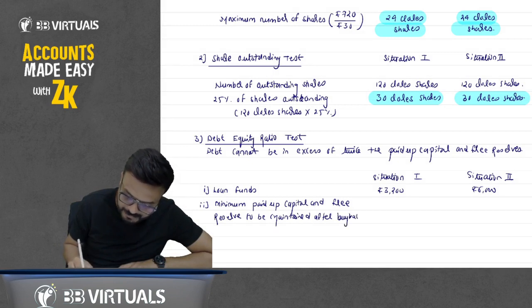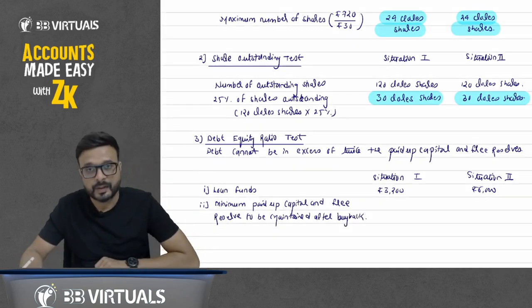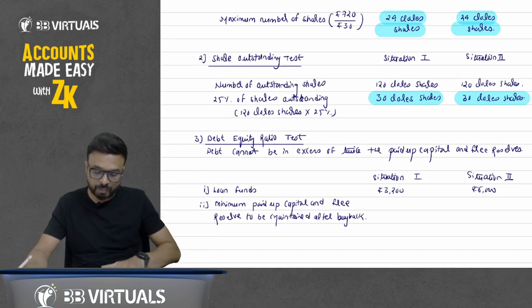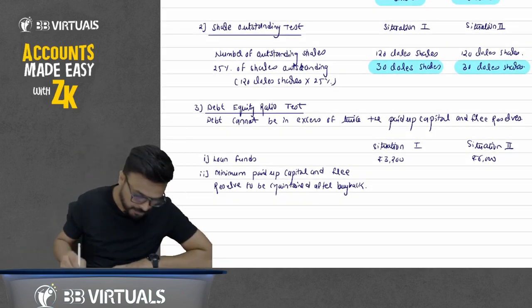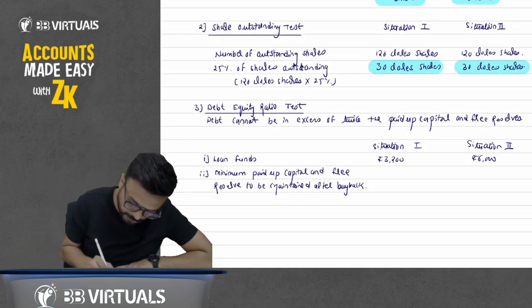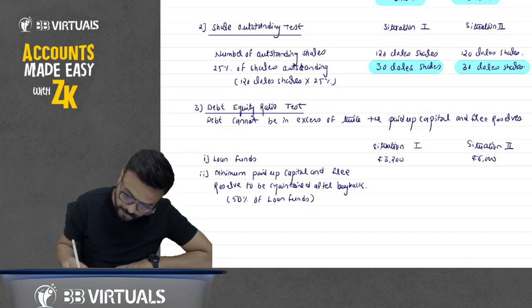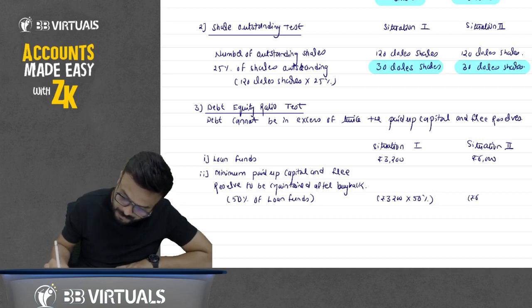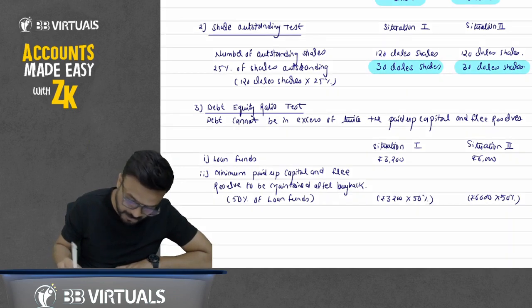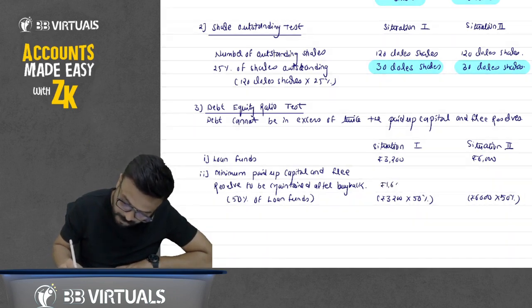We have already discussed this point earlier. That is 50% of debt, so 50% of loan funds. In first case 3,200 multiplied by 50%, 6,000 multiplied by 50%. So it is 1,600 and 3,000.